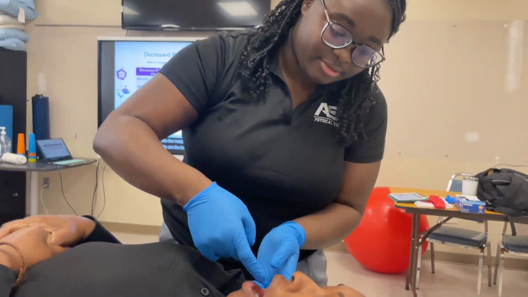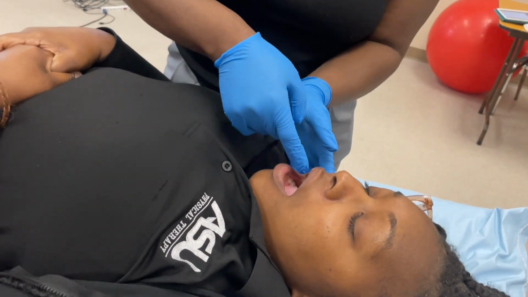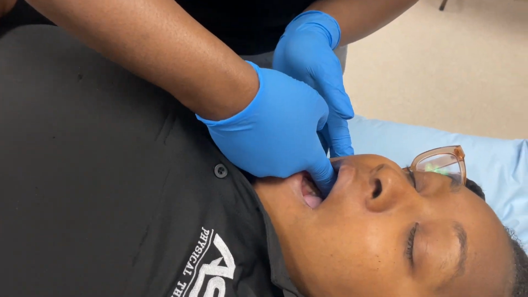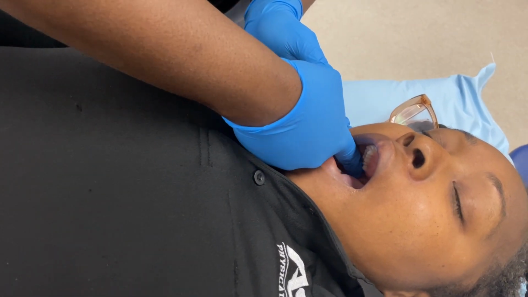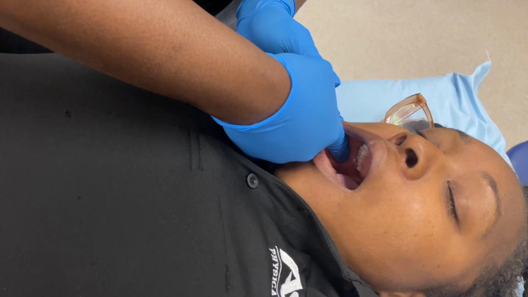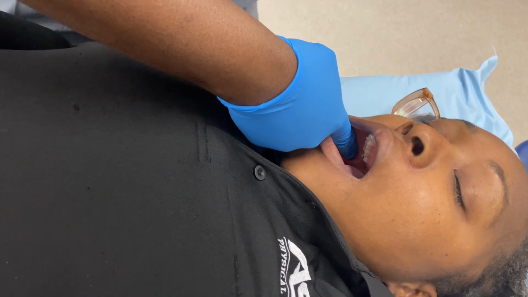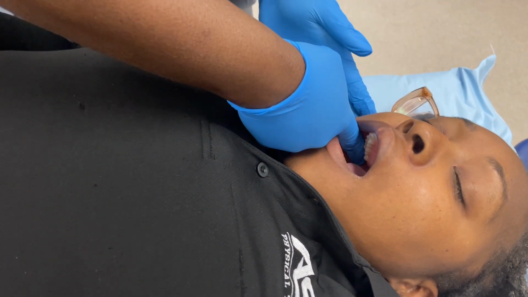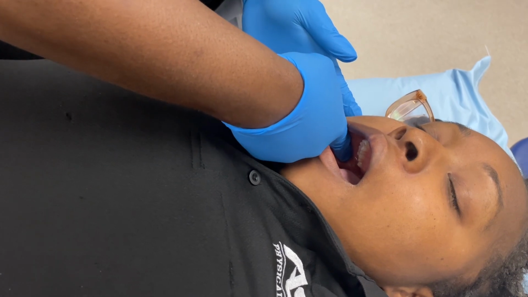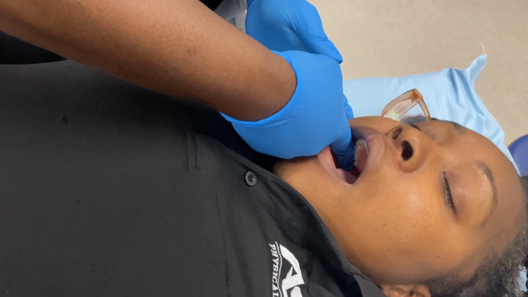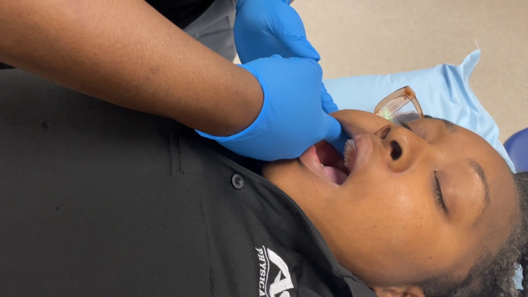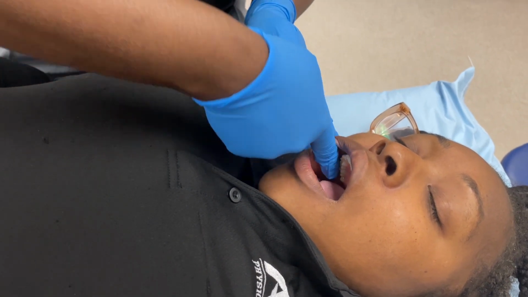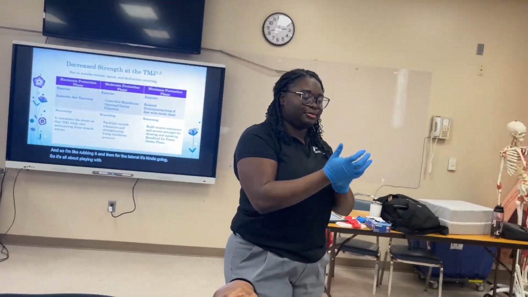I know the jawline is right here, the TMJ. I'm gonna go in, and right here for the medial one, it's kind of going down at an angle like this, and I'm rubbing it. And then for the lateral, it's going in this direction right here. So it's all about playing with those muscles.